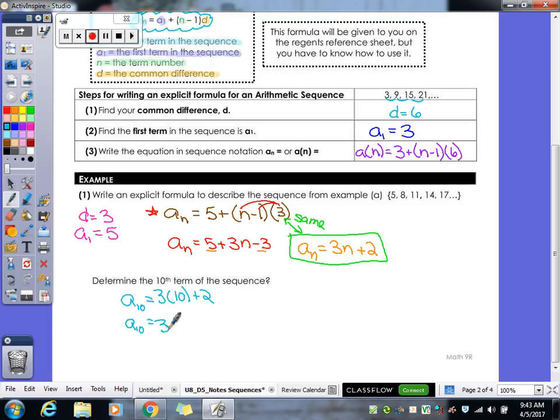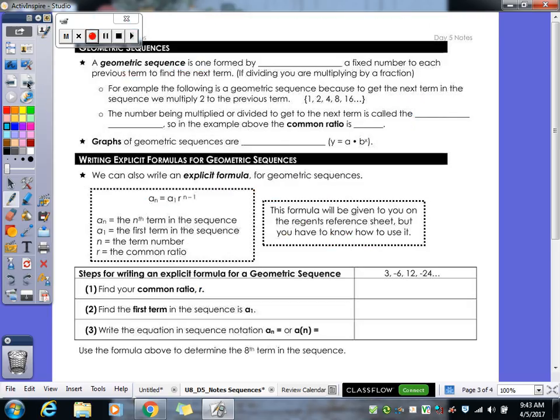So we get 32. So our 10th term is 32. Good. All right, let's go to our next one.